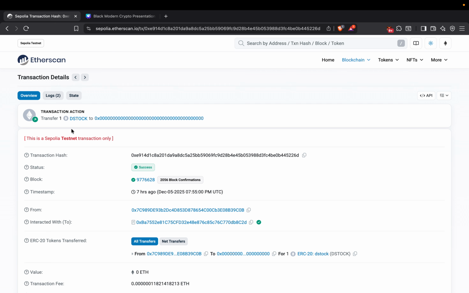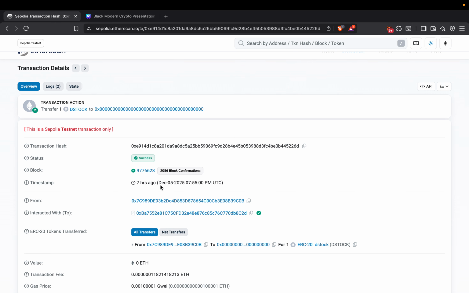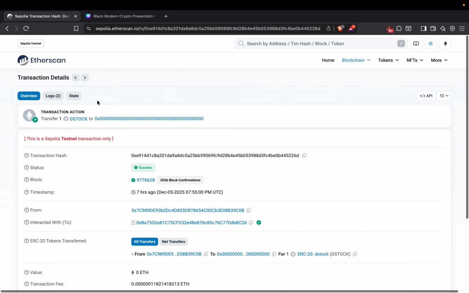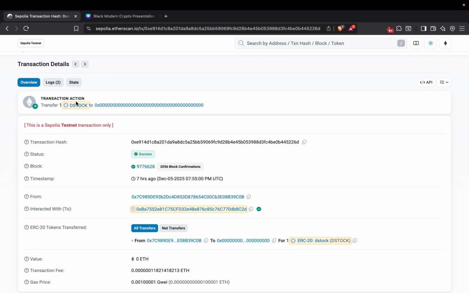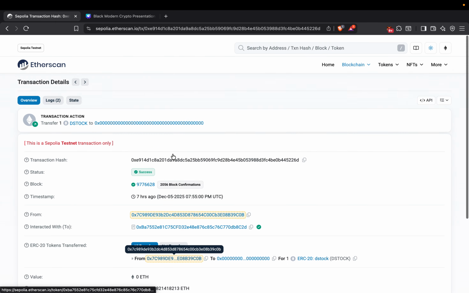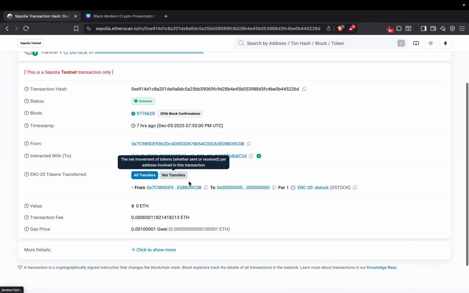If we see this transaction which was placed 7 hours ago when the US stock market was open, we can see there was one dStock transfer, because at that time we had bought one GNLN stock worth of stock. So at that time we had minted dStock tokens to the user.